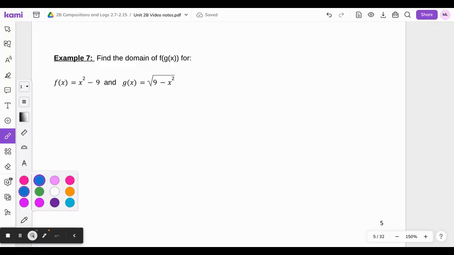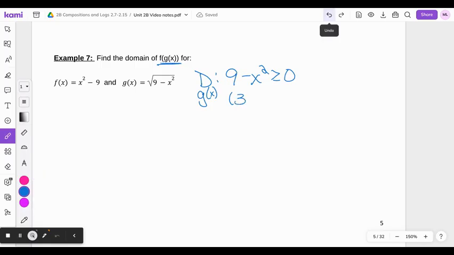All right, so similarly here, find the domain of f of g of x. The first thing I would look at is the domain of g of x. That means 9 minus x squared has to stay greater than or equal to 0. Well, if we factor this, that's 3 minus x and 3 plus x. I'm going to find my zeros.